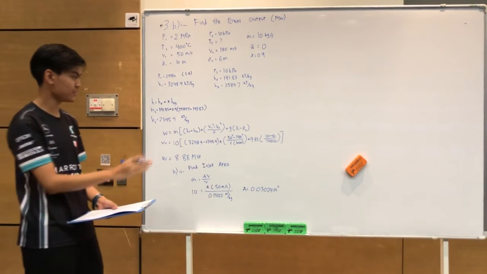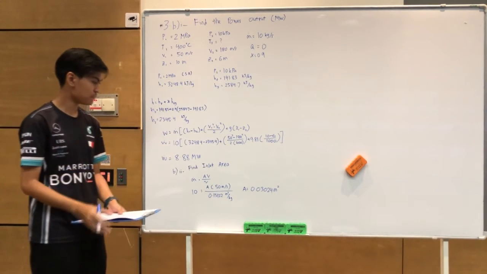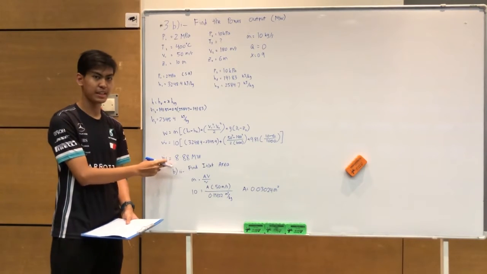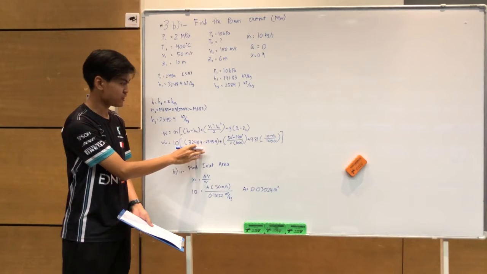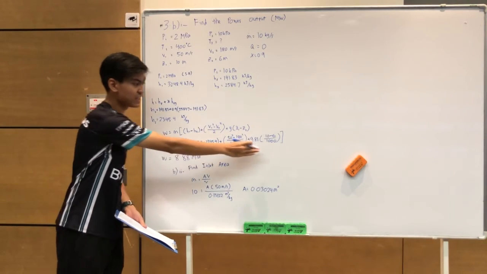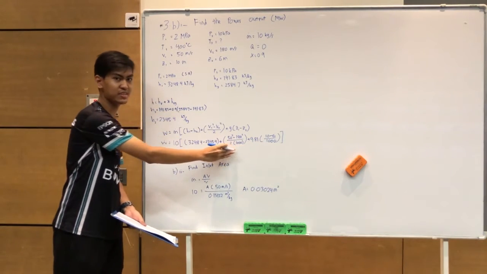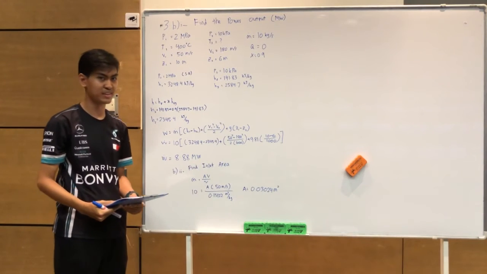Once you substitute each value, we will get the power output, which is 8.88 megawatt. But do bear in mind that for this equation, the velocity and the elevation must be divided by 1000 to change the unit into kilo.